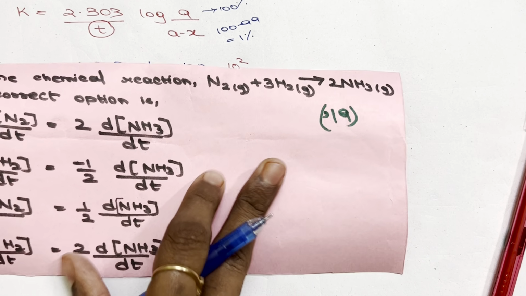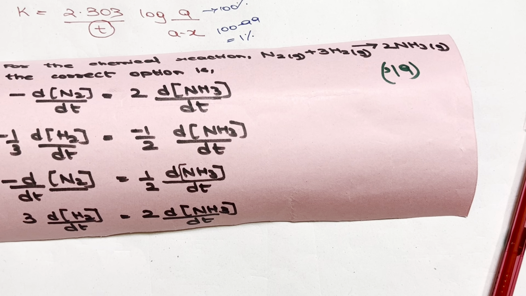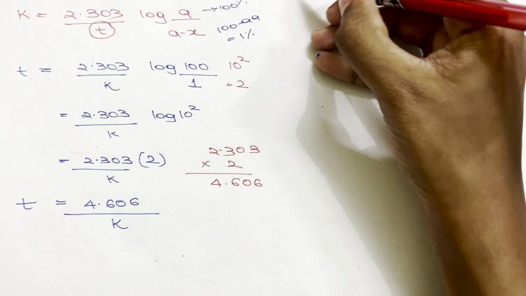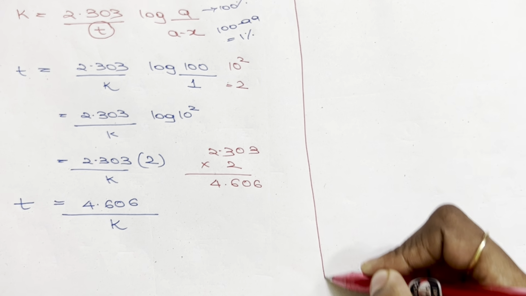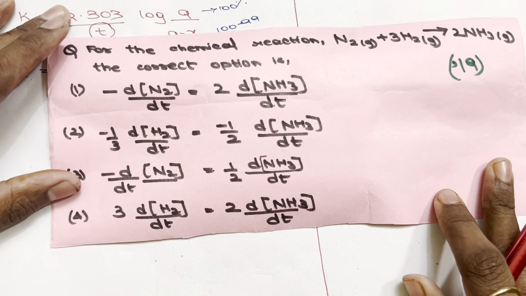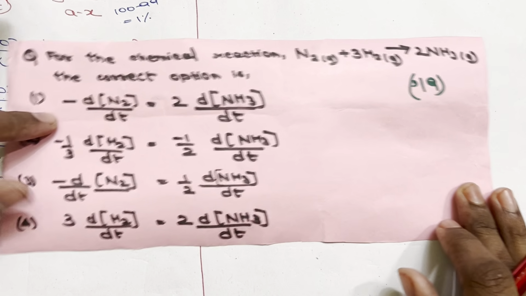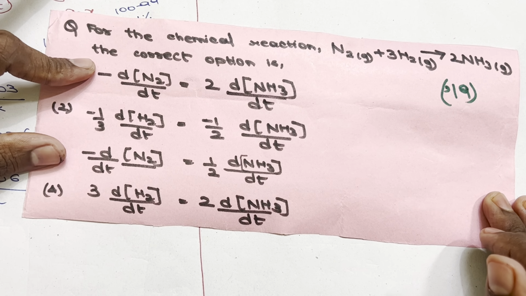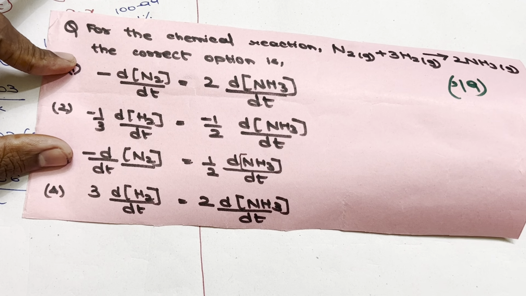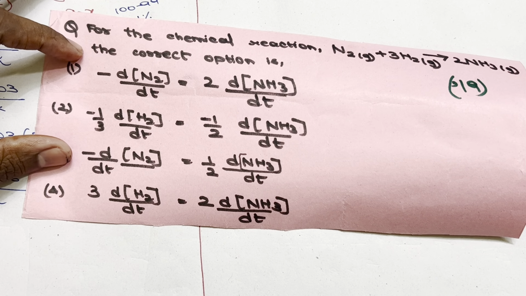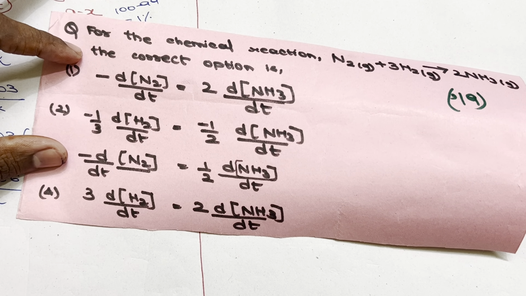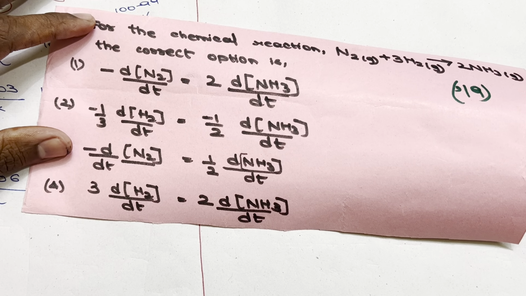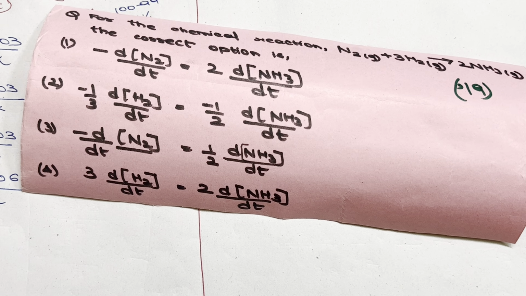Okay, so this is a little interesting question. Here we have a question that for a chemical reaction N2 plus 3 H2 gives 2 NH3, find the correct option. For finding the correct option, we know the rate of disappearance and rate of appearance. When we write the rate expression, it is in stoichiometric form.